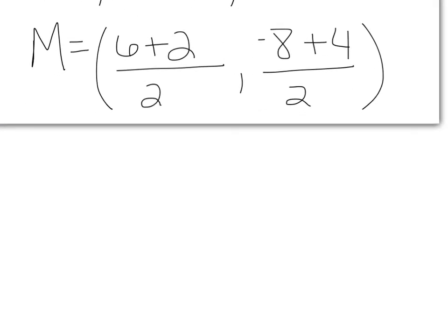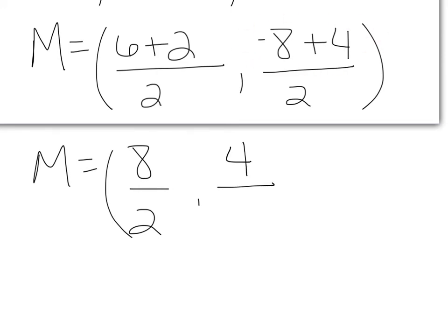Okay, now that I've plugged in all my numbers, let's clean it up a little bit. 6 plus 2 is 8 over 2. And then negative 8 plus 4 is positive 4. I'm sorry, negative 4.